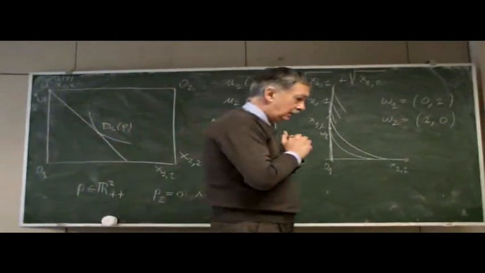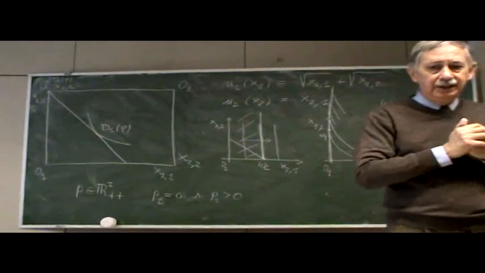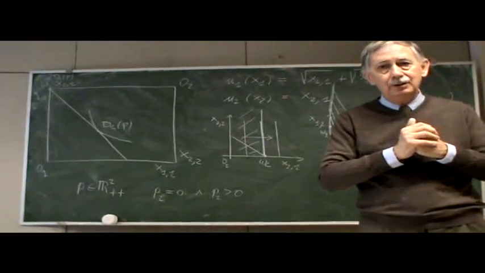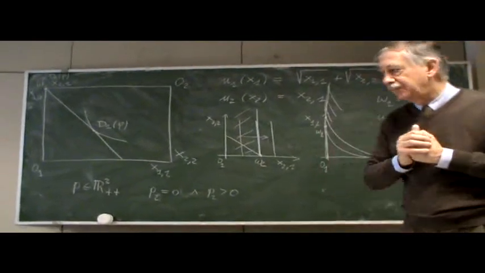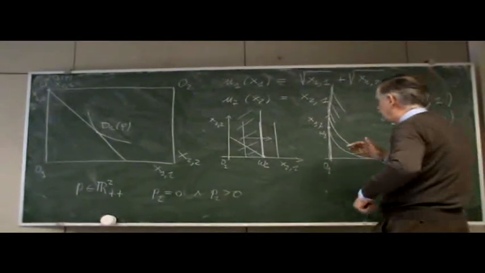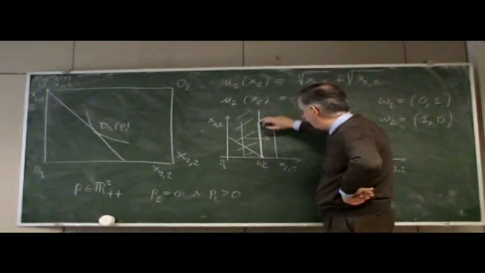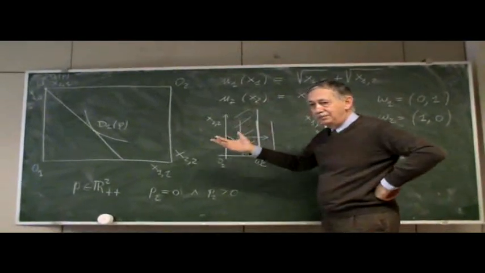So, literally speaking, his optimal demand bundle is not defined. For consumer 2, there is no problem.